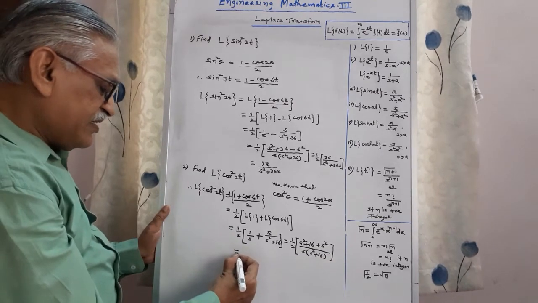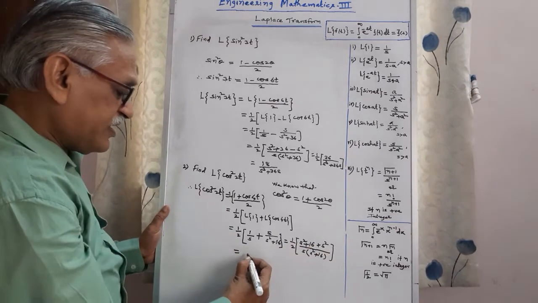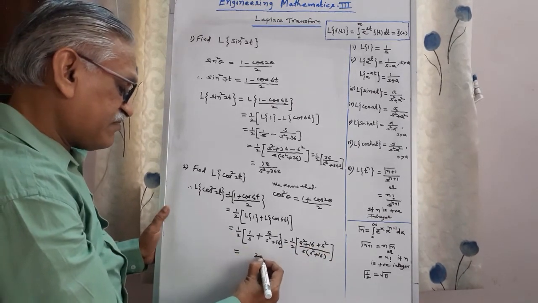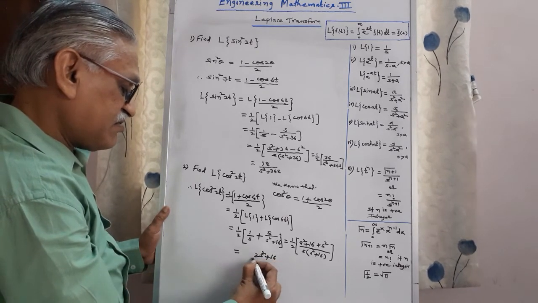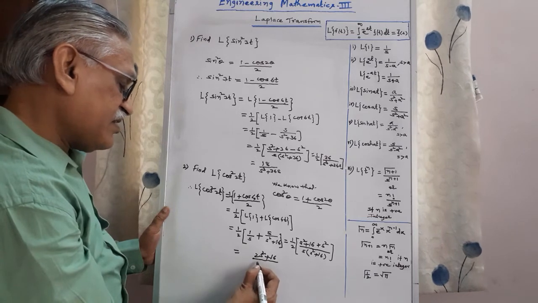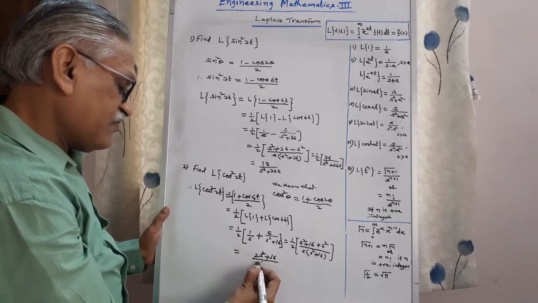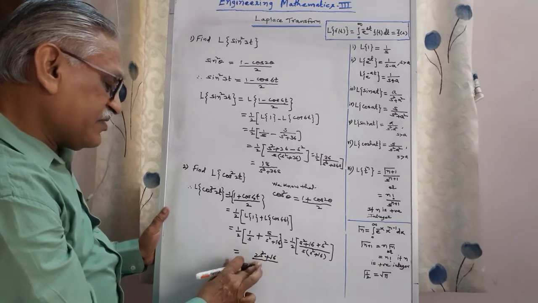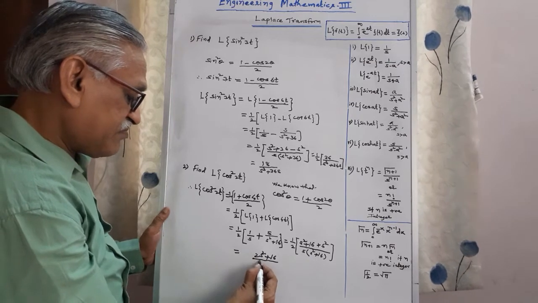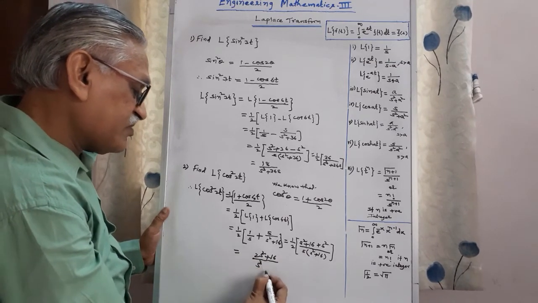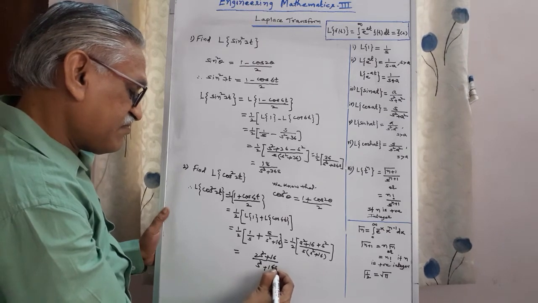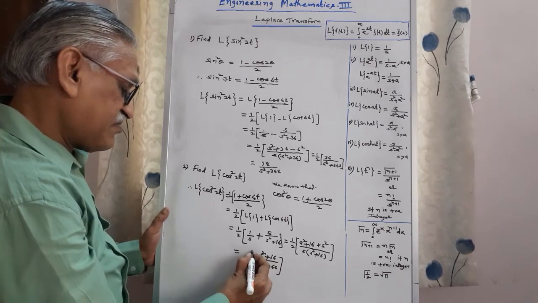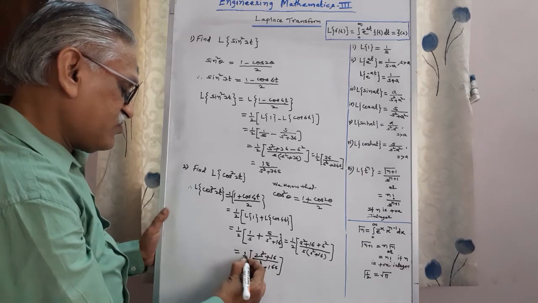And if we simplify it, s square plus s square we get 2s square plus 16, divided by s into s square plus 16, or if you multiply it inside, it becomes s cube plus 16s, into 1 by 2.